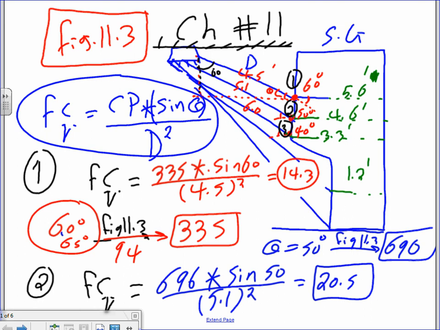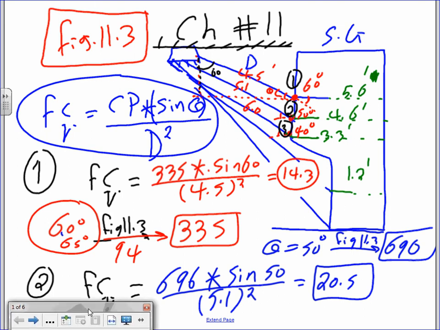If I ask you to find the calculation at any point here, all you need to do is find the angle that this fixture is making between the vertical and the face of the switchgear, and then find the distance between the fixture and that point at the switchgear. Any comments about point 1 and point 2?